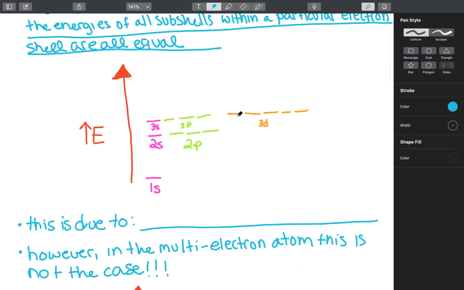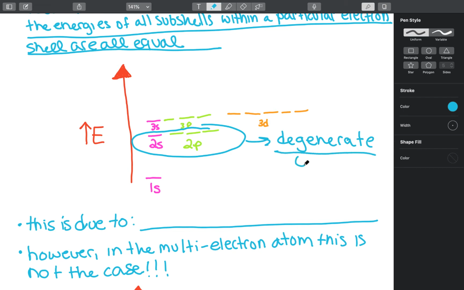And we saw this diagram in our last video. So we can clearly see here that all subshells in the second electron shell are degenerate, so let's circle this. All of these subshells are degenerate. And remember that degenerate means the same energy. So the 2p subshell is the same energy as the 2s.